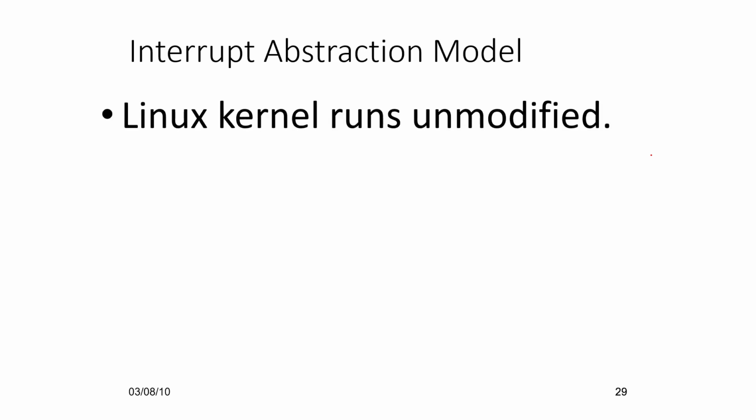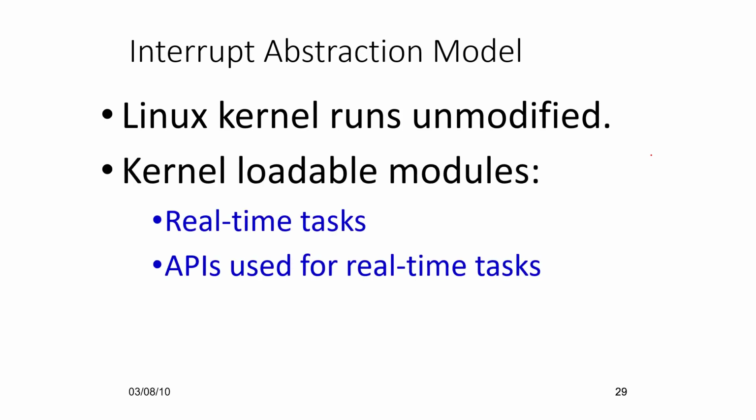So coming to the interrupt abstraction model, in this case we don't modify the Linux kernel as opposed to the previous case where we were adding preemptibility. So the Linux kernel per se runs unmodified.